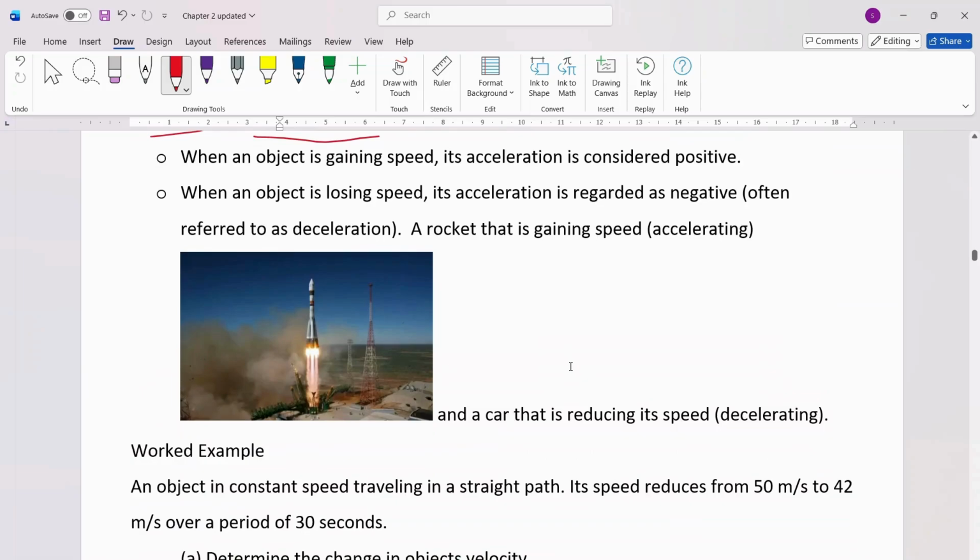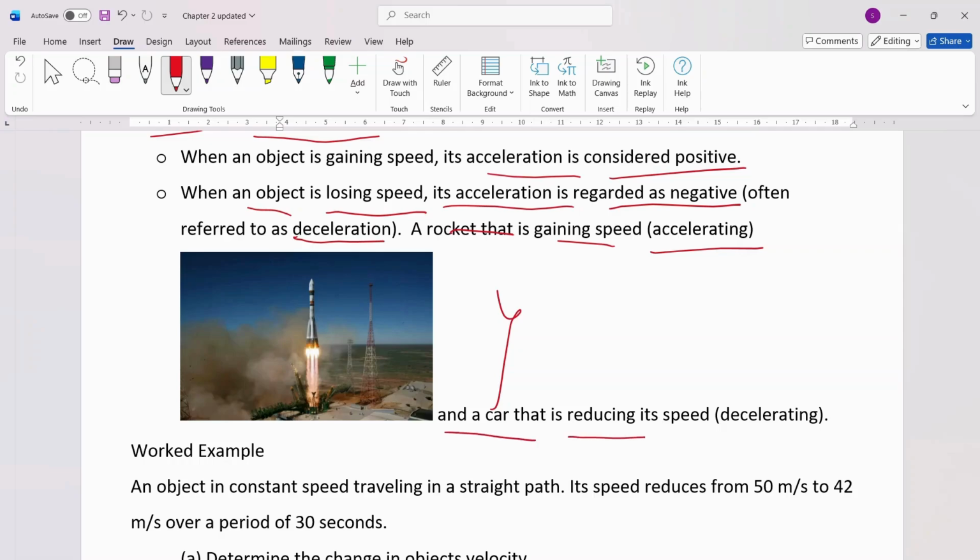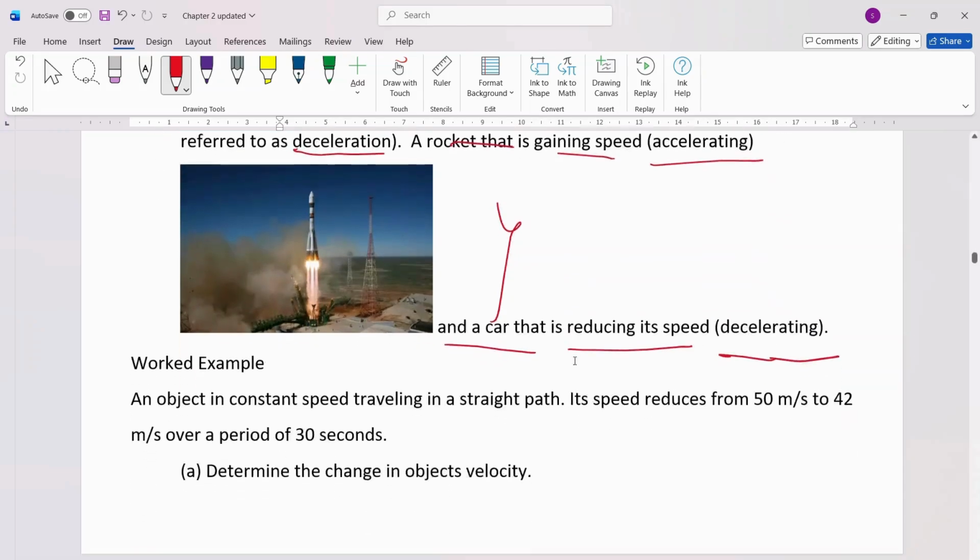When an object is gaining speed, its acceleration is considered positive. When an object is losing speed, its acceleration is regarded as negative, often referred to as deceleration. Here in this image, you can see a rocket that is gaining speed. Hence, it is accelerating. Similarly, a car with reducing speed, we will call decelerating.